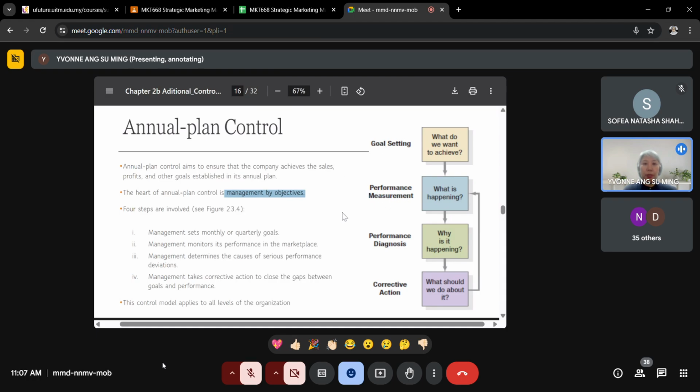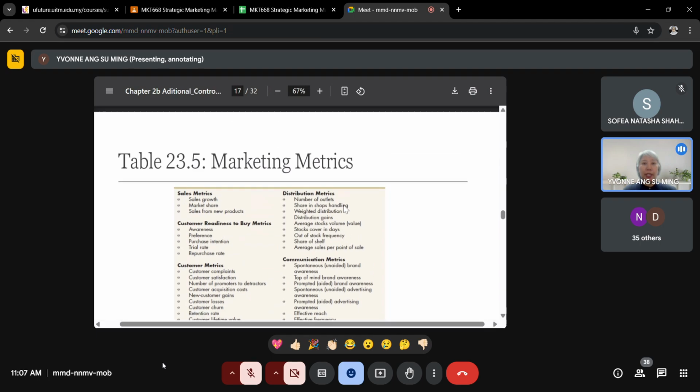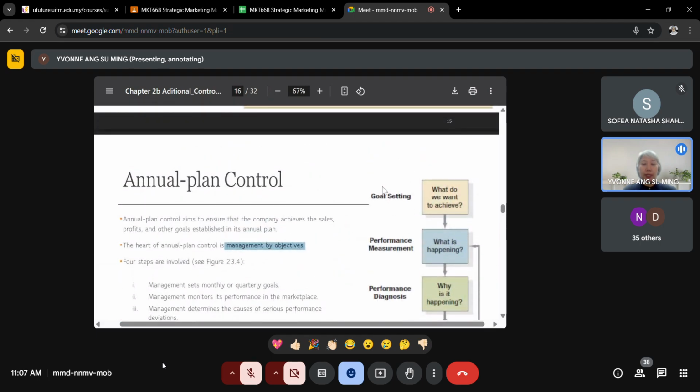To measure the performance, of course, we need to find the correct metrics. So here, if our focus is on sales, kita pilih balik sales punya metrics so that kita boleh measure sama ada sales kita benar-benar meningkat by 1%.